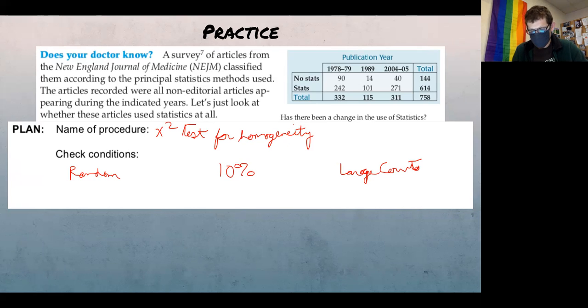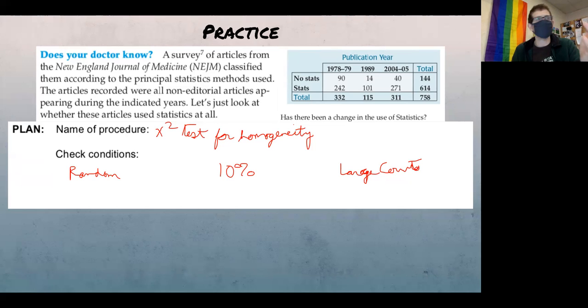Yeah, this one might be a little bit tricky. It doesn't say it's random. And what a survey of articles, does that mean in this case that they looked at every article? Yeah, it's hard. I don't know if they're saying like they selected articles, if they chose them or like if they just, yeah, I don't know.